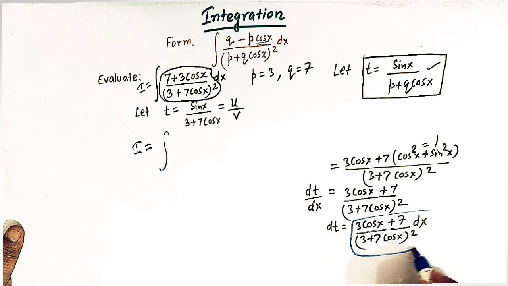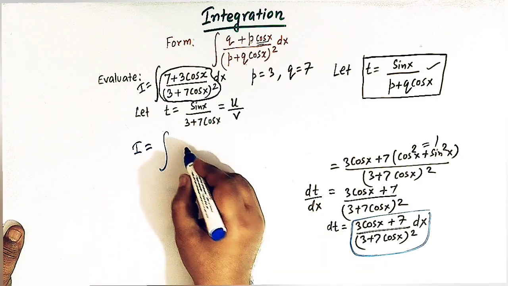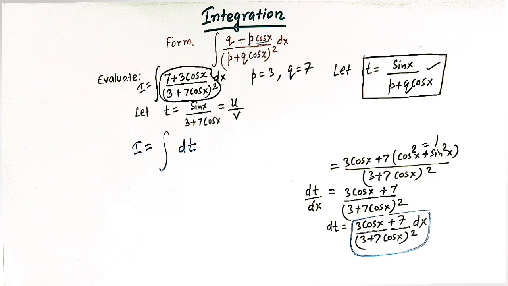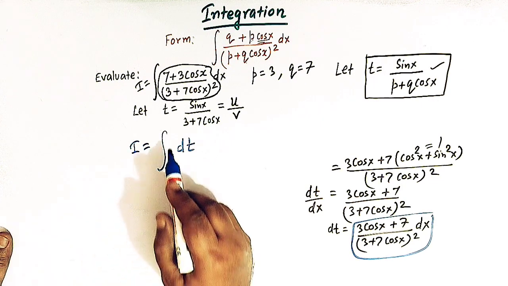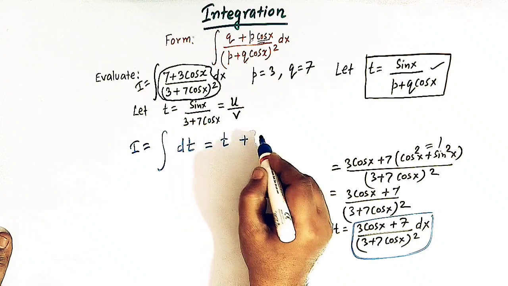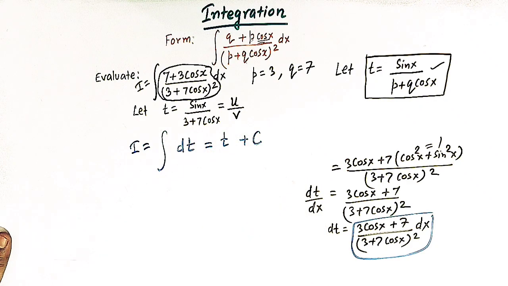This expression is equal to dt, so we have simply dt. And the integral of dt is simply t, and of course here we have the constant of integration c.